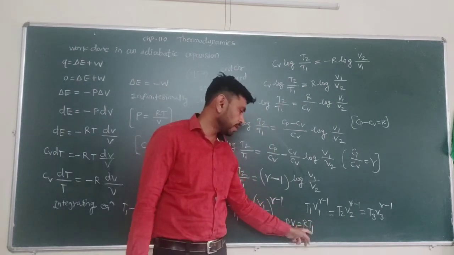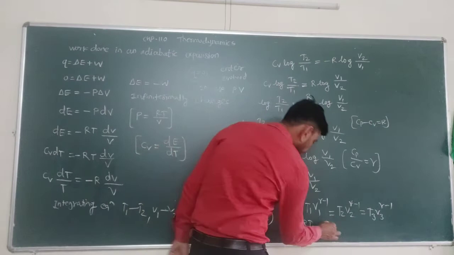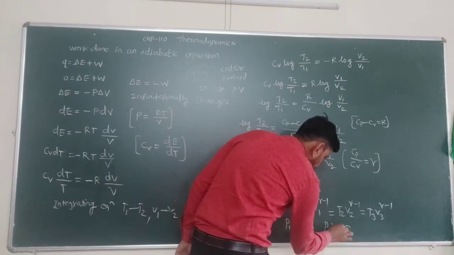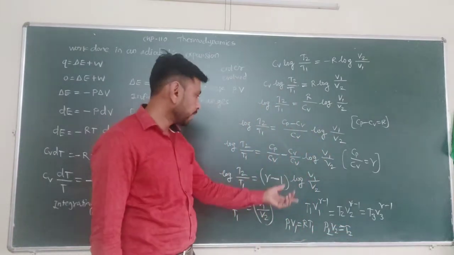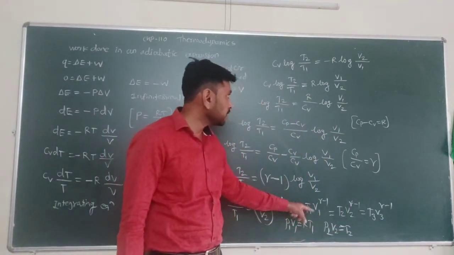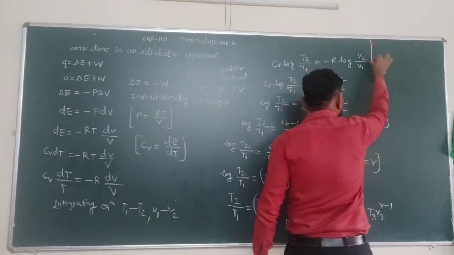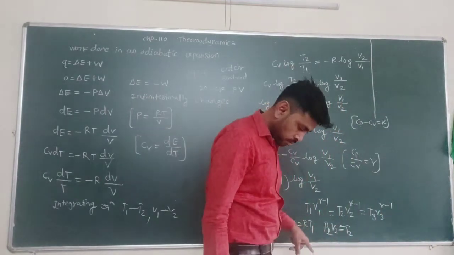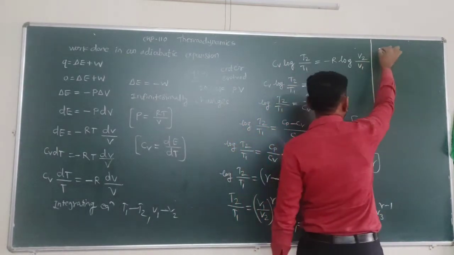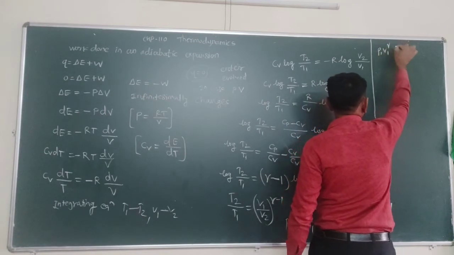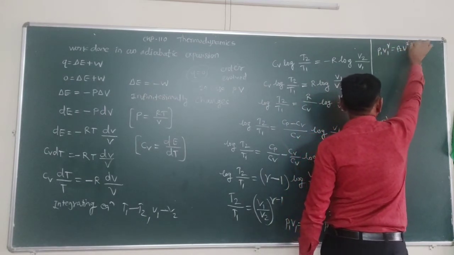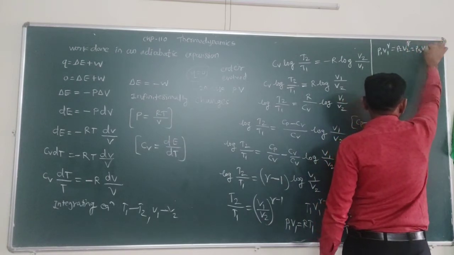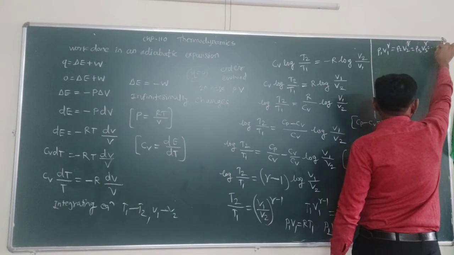So replacing the value of T1 here, and similarly replacing the value of T2 from P2 V2 equal to R T2, in a similar way we can write this equation in the form P1 V1 raised to gamma equal to P2 V2 raised to gamma equal to P3 V3 raised to gamma, and so on.